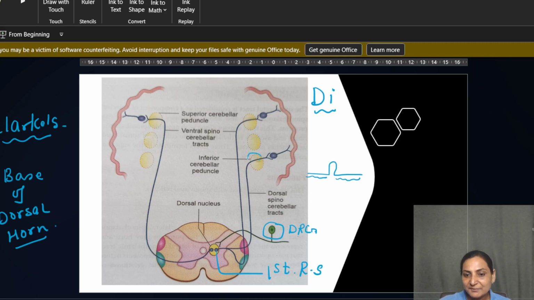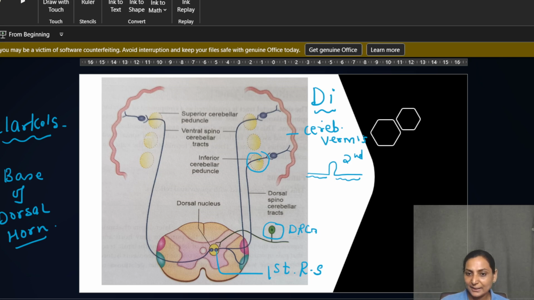From this inferior cerebellar peduncle, it is going to make its entry in the vermis of the cerebellum. This vermis is the second relay station, from where the third order neurons are going to end up in the cerebellar cortex, in the anterior and the posterior cerebellar cortex.